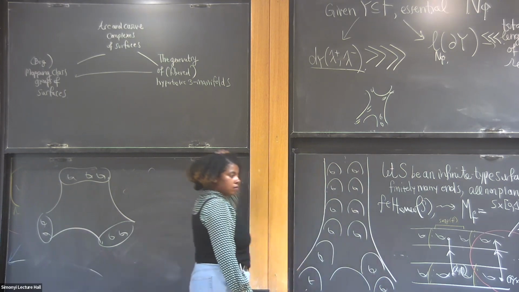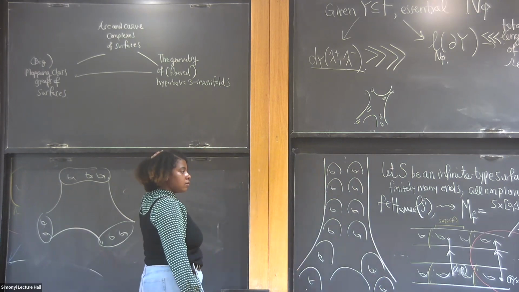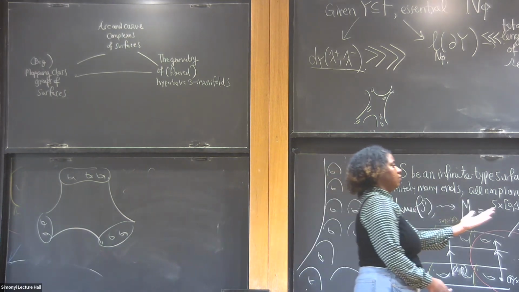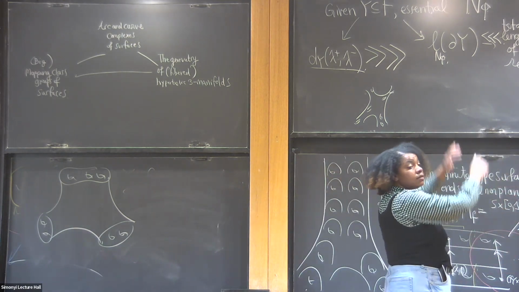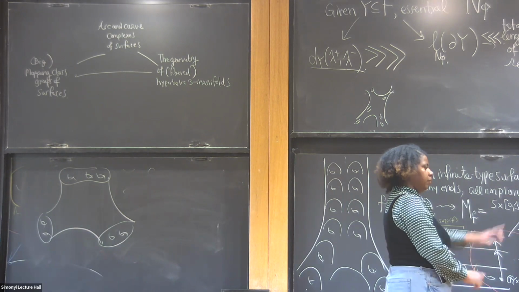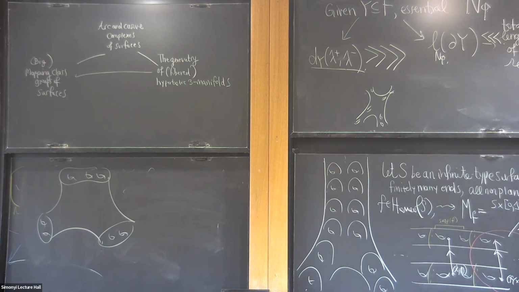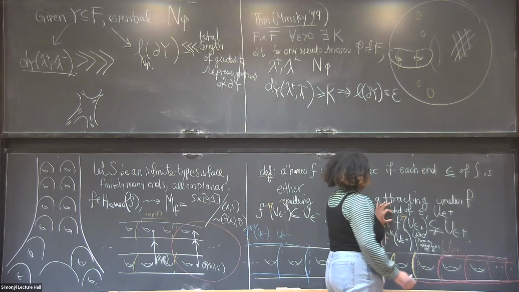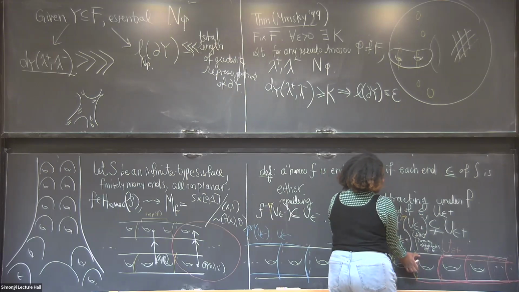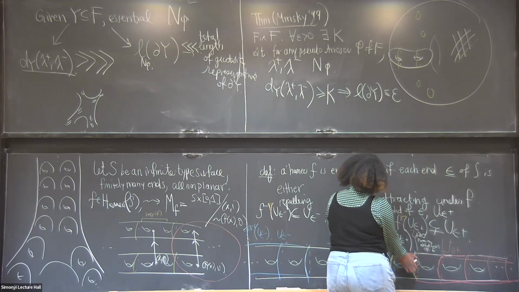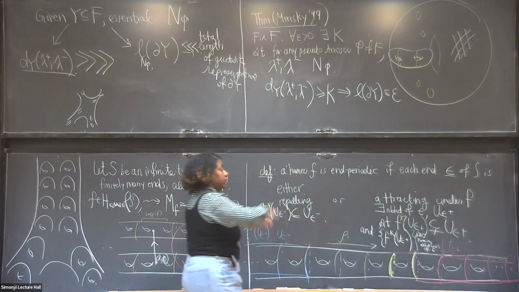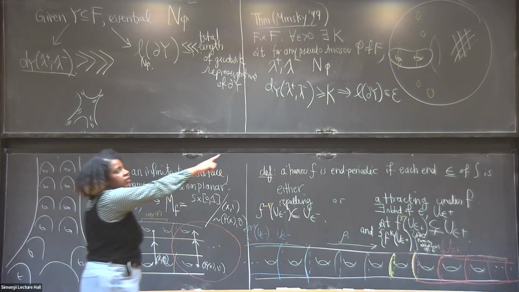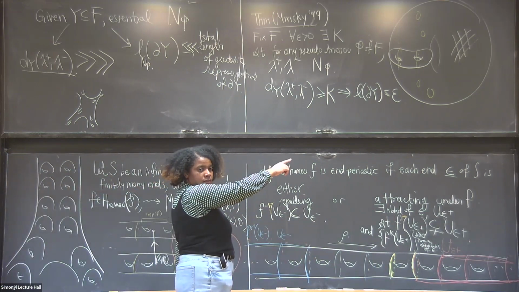If you're taking the mapping torus and gluing, that curve got mapped to that curve. This curve at level 1 is identified with this curve at level 0. The flow lines are the exact same, so if I'm thinking of endpoints of flow lines, they limit to the same yellow curve at the boundary.